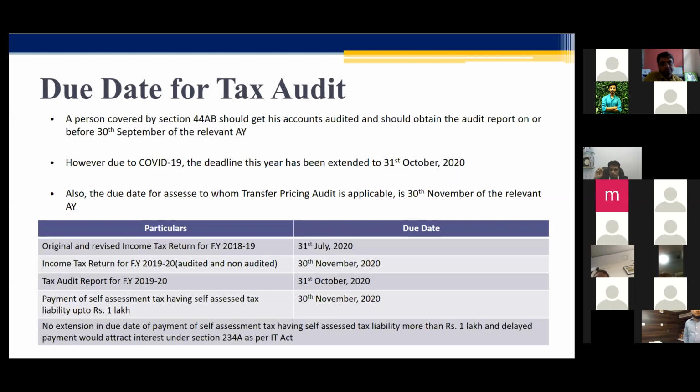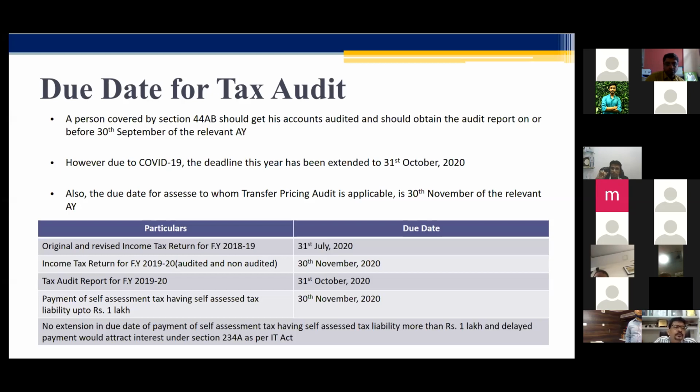Accordingly, the income tax return, which was to be filed on 30th September, has actually been extended by the budget itself. I'm not talking of COVID right now. It has been extended to 31st October.